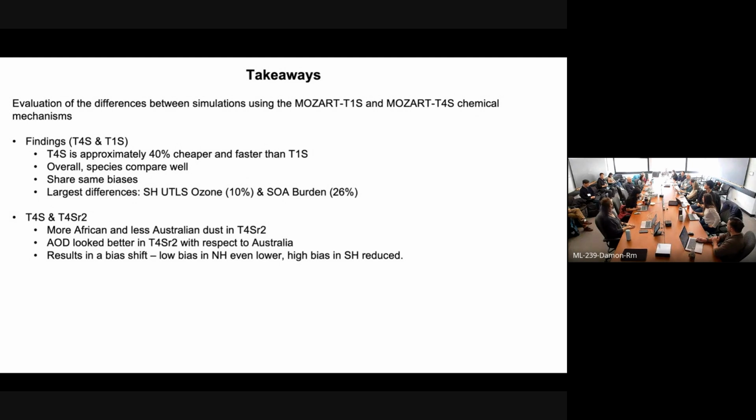So in your simulation, you find T4S has higher ozone than T1, like 10%? Just in the one area in the southern hemisphere. Otherwise, it's very similar. It's very interesting because in my T1MA, T4MA run, I find the opposite. Oh, really? I find that T4 has slightly less ozone than T1, but it's very small, like 2%.